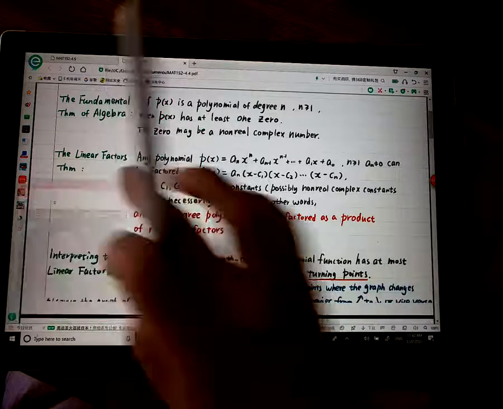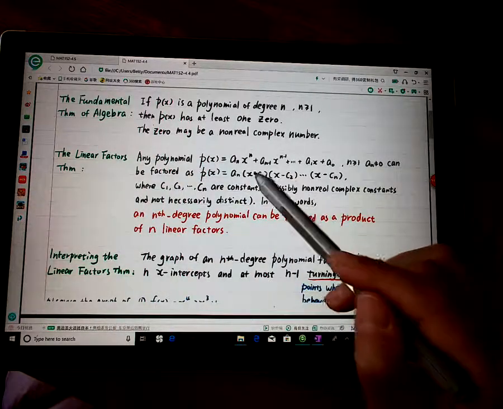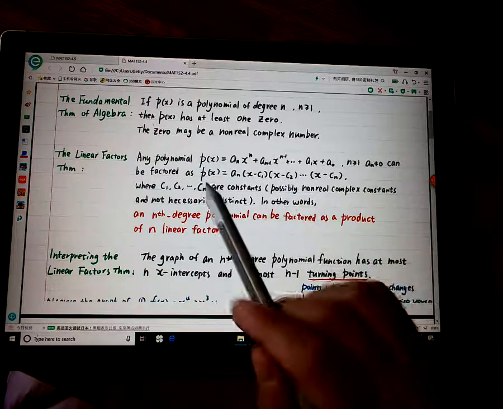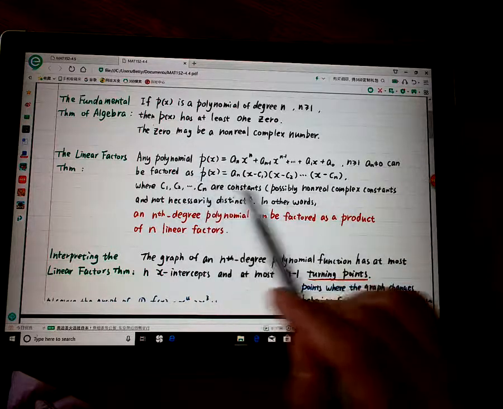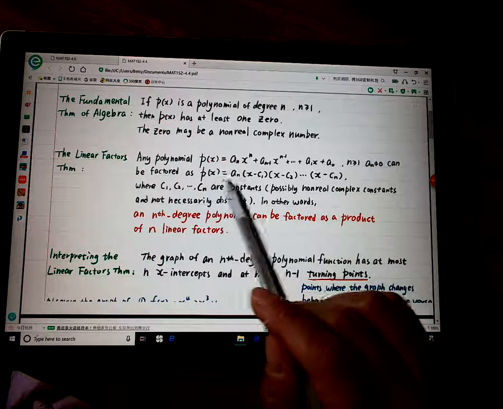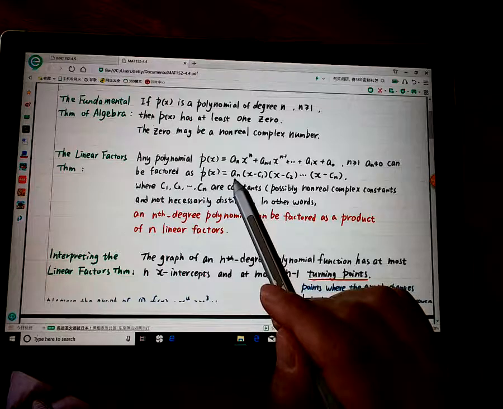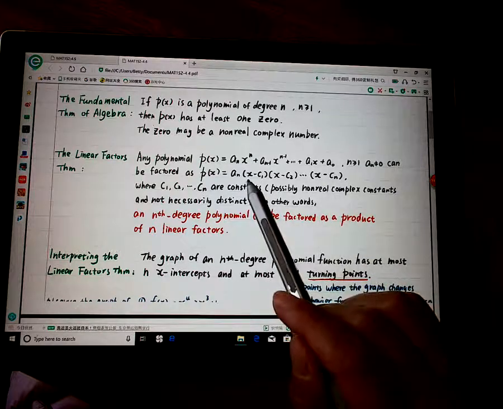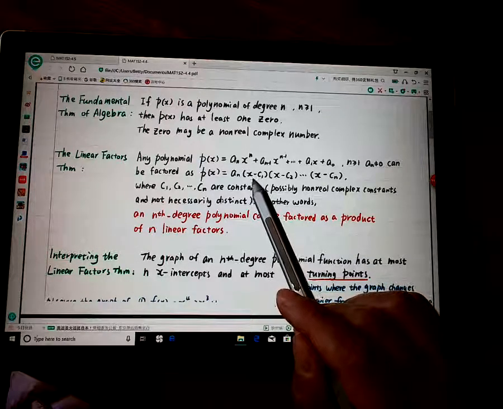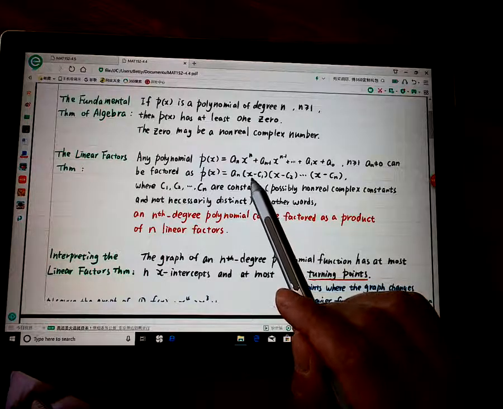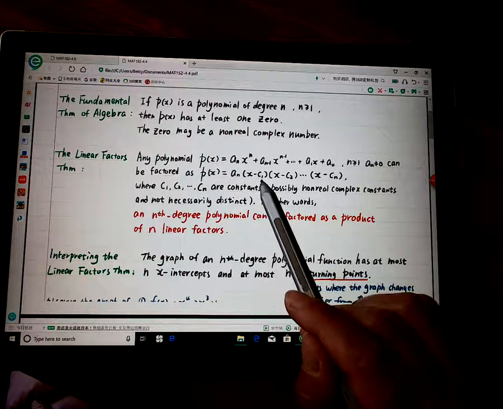And those n linear polynomials are all in the form x minus a constant. You can look at this expression. P of x can be written as a sub n, where a sub n here is the leading coefficient, right? It's non-zero. And the rest part in the polynomial is a product of n linear polynomials in the form of x minus a constant.